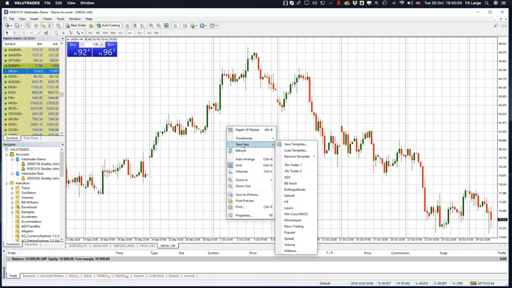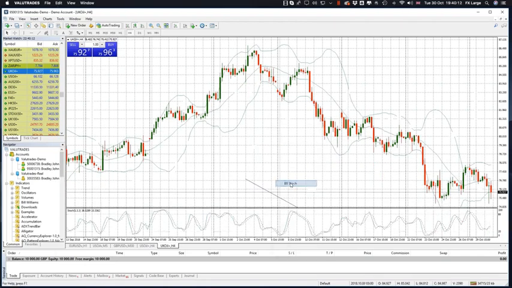Now we'll use the same template. So we'll put on our Bollinger Band and stochastics. But you'll notice we got exactly that. We got our Bollinger Band stochastics, but the trend line we drew did not come across. The trend lines and objects like that are not saved on templates. Only the indicators are.